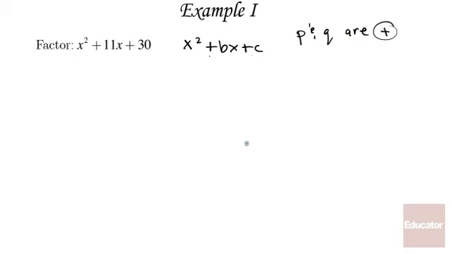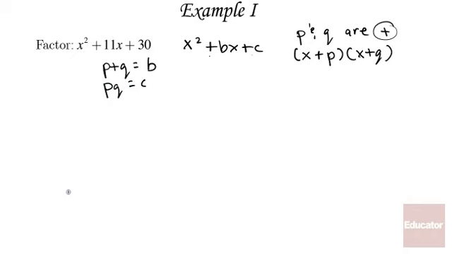Since p and q are positive, I'm going to end up with something in this form. Now, how do I figure out what p and q are? Here's where those two rules become very important. Recall that the sum of p and q is b. The product of p and q is c.